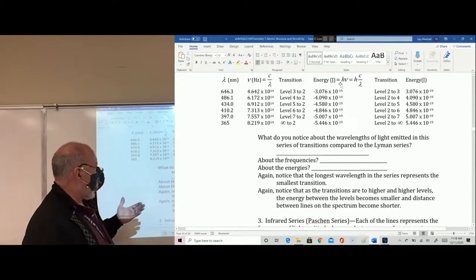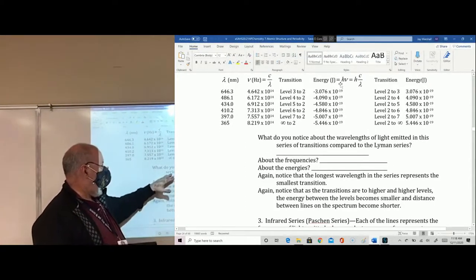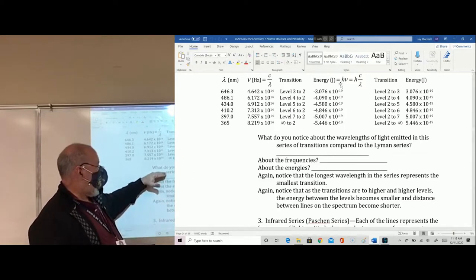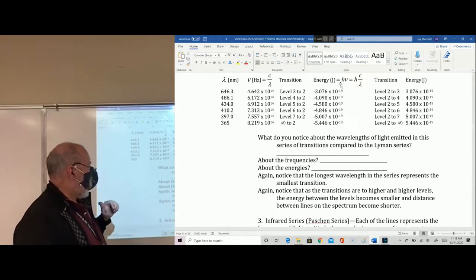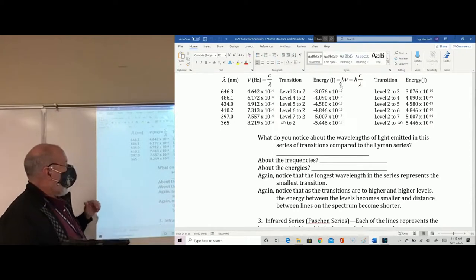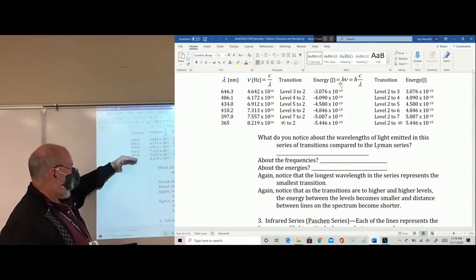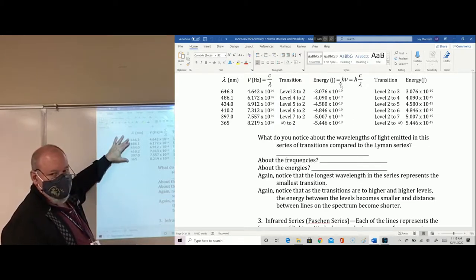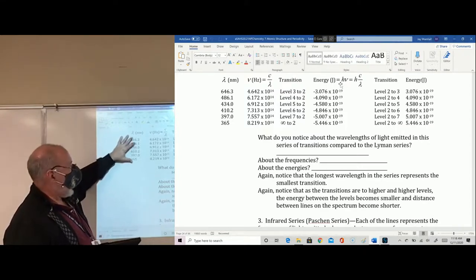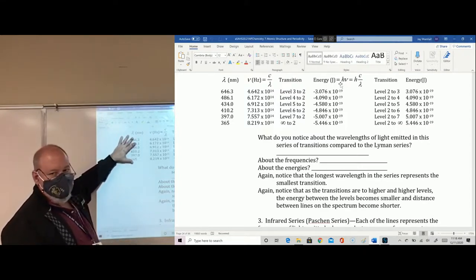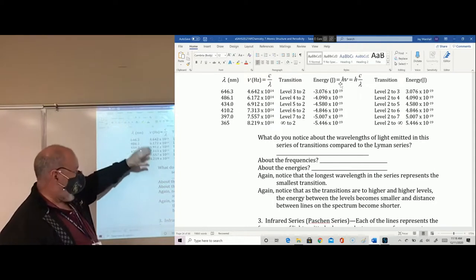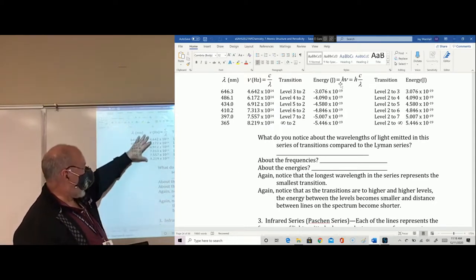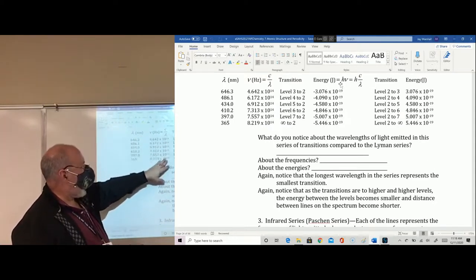What do you notice about the wavelengths of light emitted in this series compared to the Lyman series? Are they longer or shorter than in the ultraviolet? Shorter. No. Longer? They're longer, aren't they? Okay, and that reflects the fact that they have less energy, right? And so you can ask the same question about the frequencies. The frequencies are going to be less.